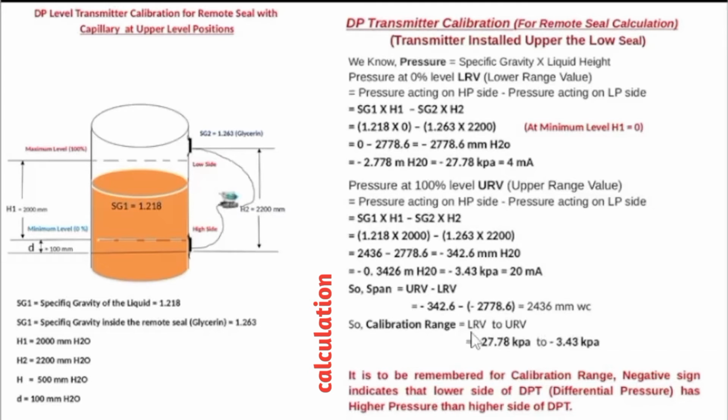And so the calibration range LRV to URV is 27.78 kPa to minus 3.43 kPa. Here is also minus, so as we already said, it is to be remembered for the calibration range: the negative sign indicates that the lower side of the DPT has higher pressure than the higher side of the DPT.